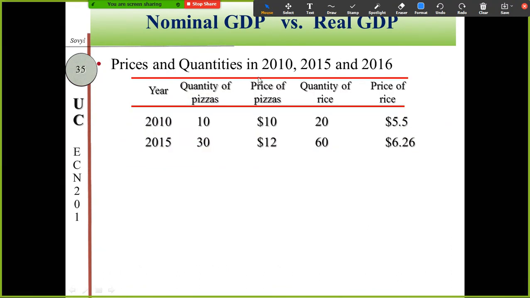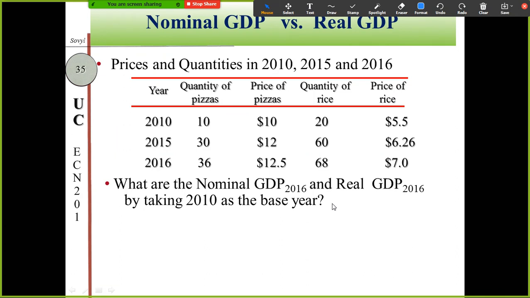Okay, this is the table we already had from earlier in this movie. Suppose that I add one more year, 2016, with quantities of pizza, the price of pizza, quantities of rice, the price of rice.